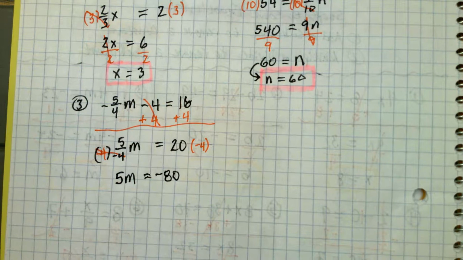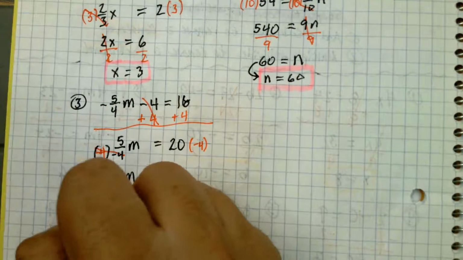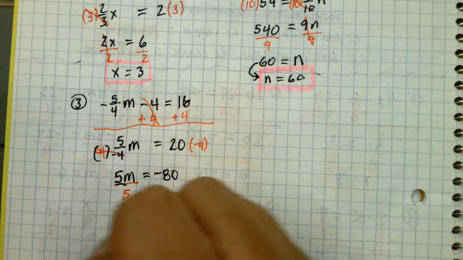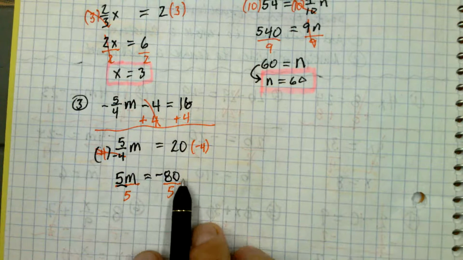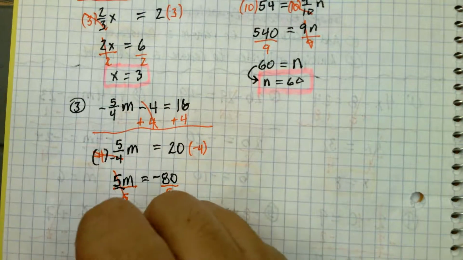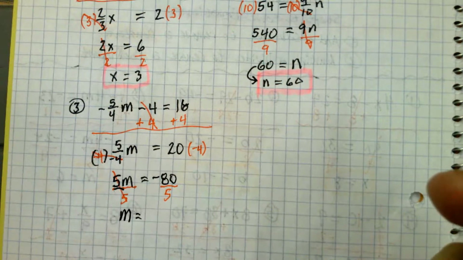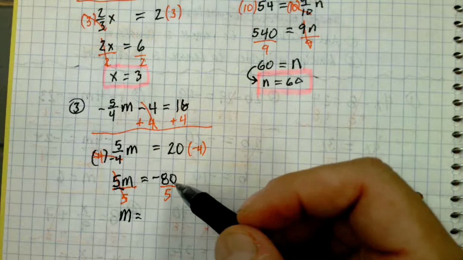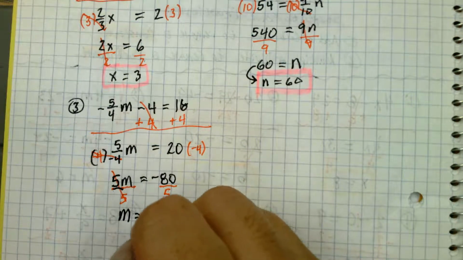Now I have to divide to get rid of the 5. Unfortunately, 80 ends in 0, so 5 does go in evenly. We get a nice answer. It's negative 80 divided by 5. So that will be a negative answer.